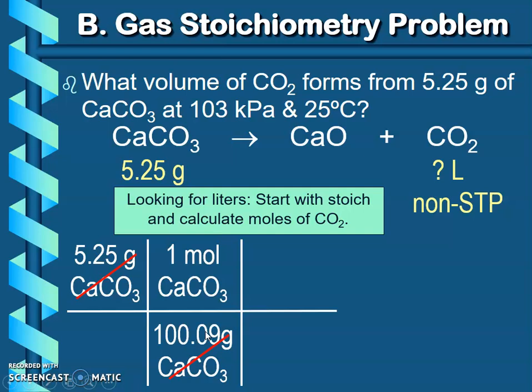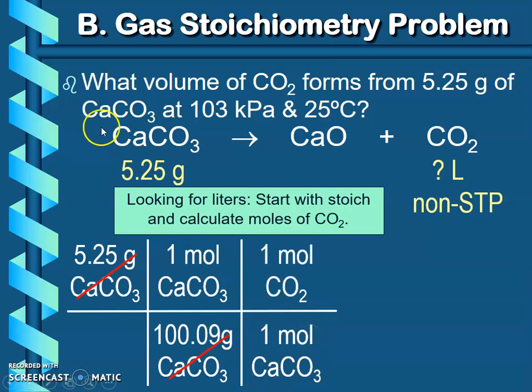Now I'm ready for my key stoichiometry step, the mole-to-mole ratio. Where do I get that mole-to-mole ratio? That's where I need the balanced equation. Remember for my mole-to-mole step, it's the number that comes in front, the coefficient. So I have mole of CaCO3 on top. I need mole of CaCO3 on the bottom. There's no coefficient, which means it's an understood 1. And I'm trying to get to my unknown, the carbon dioxide.